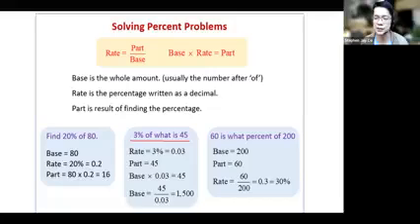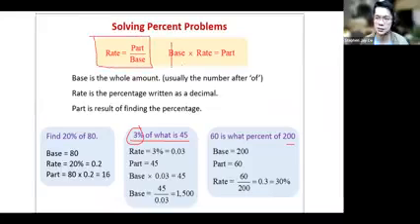That is simply 45 divided by the percentage. And 60 is what percent of 200? That is 60 divided by 200 to get the percentage. You could use this one as a base or this one.